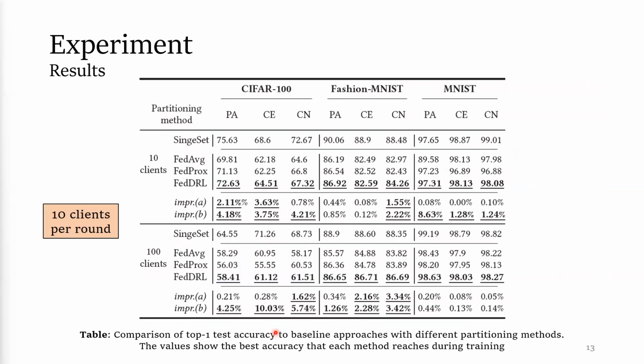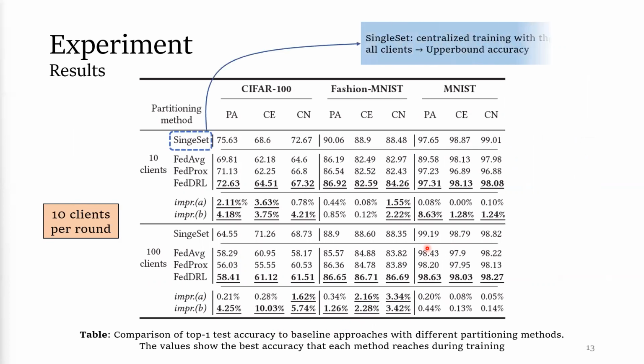Here we show the top 1 accuracy. Also, another benchmark we use in this comparison is called single set. In this setting, we collect all the client data and train the model centralized, which gives the best possible accuracy, or the upper bound accuracy.